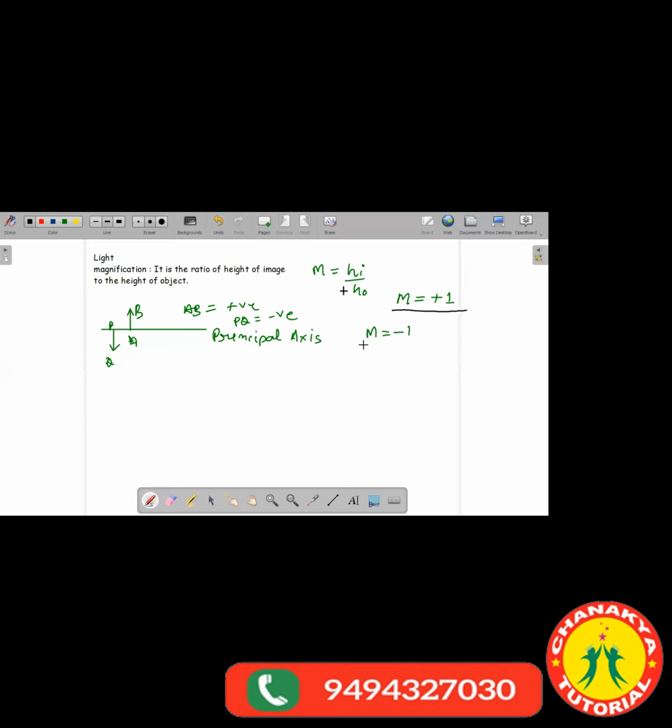What about magnification as -1? What if we get magnification as -1 then? Image is real, image is inverted. Image is real, inverted and same size.